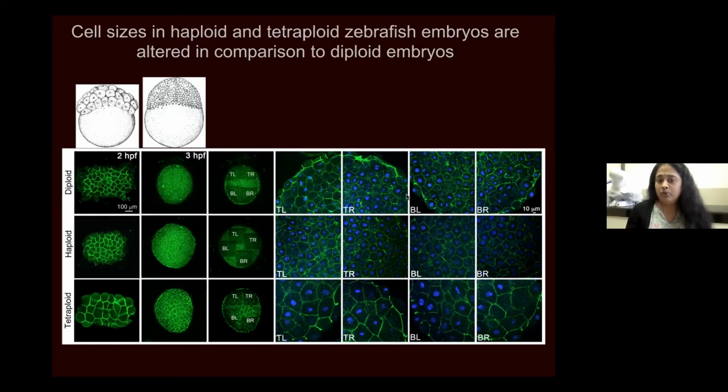The top row of fluorescence images is the diploid, what is happening normally. This is the haploid, where we have reduced the DNA content, and this is the tetraploid, where we have doubled the DNA content. You can see from these higher magnification images that, in comparison to the diploid, haploid cell sizes are smaller and tetraploid cell sizes are larger at the same stage of development.